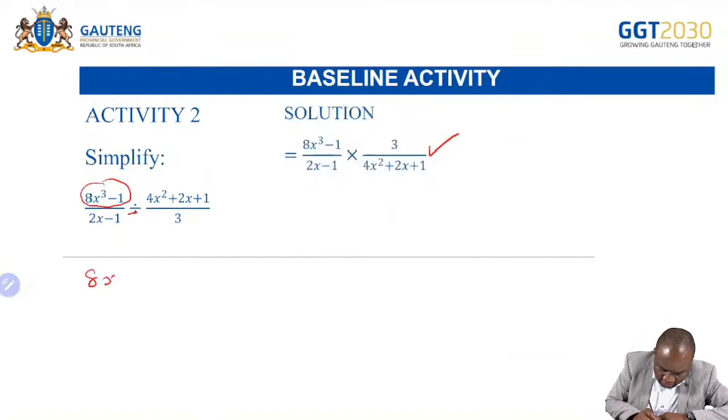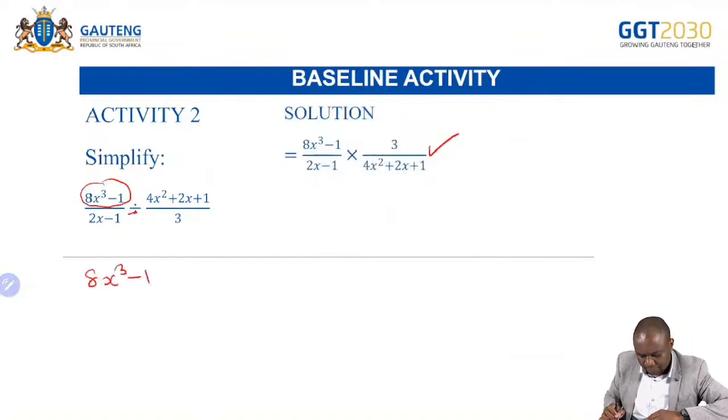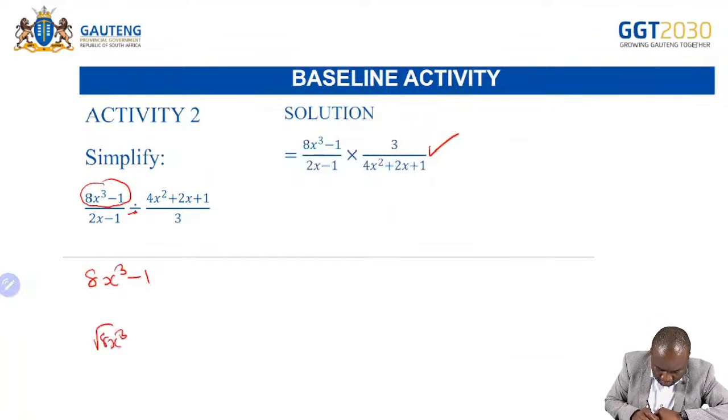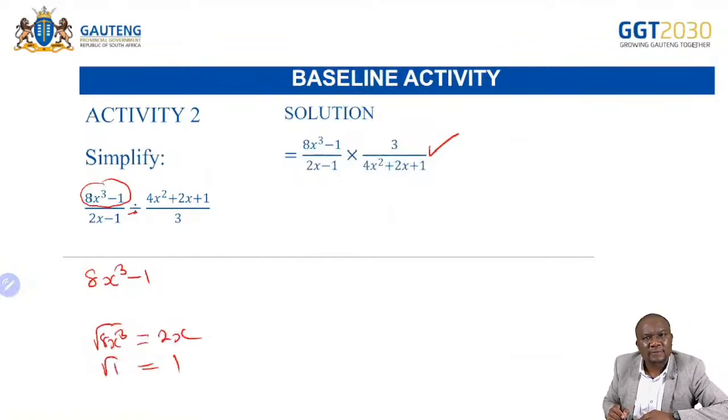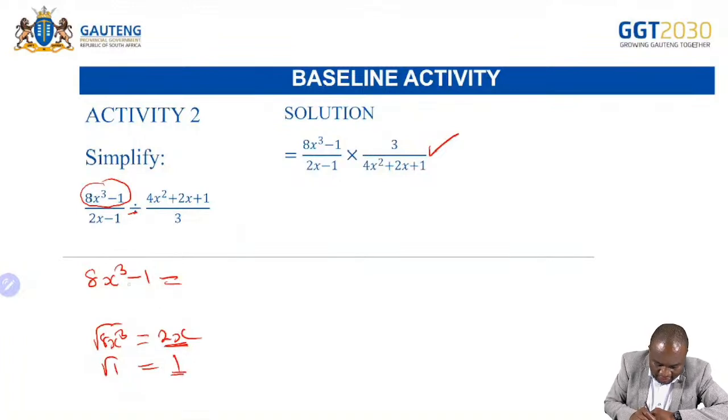So 8x cubed minus 1. We're saying the cube root of 8x cubed is 2x. The cube root of 1 is 1. Okay, so our first bracket is going to be the cube root of 8x cubed and cube root of 1, but we're maintaining our operation, which is minus here.